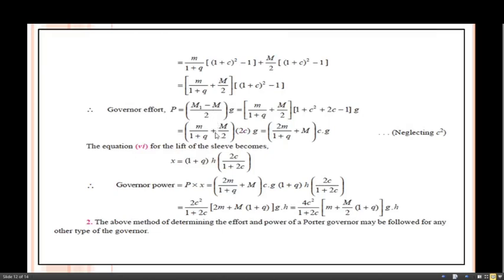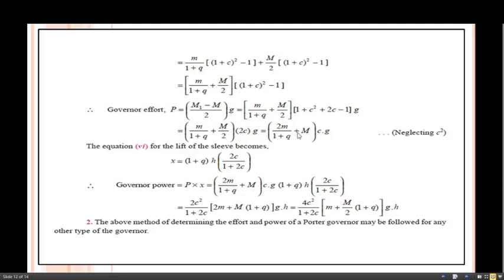Just replace this one by this term: small m divided by 1 plus q plus m by 2. This square term is neglected because it is a very small term. Plus 1 minus 1 gets cancelled, so what remains is here, and g is written here.